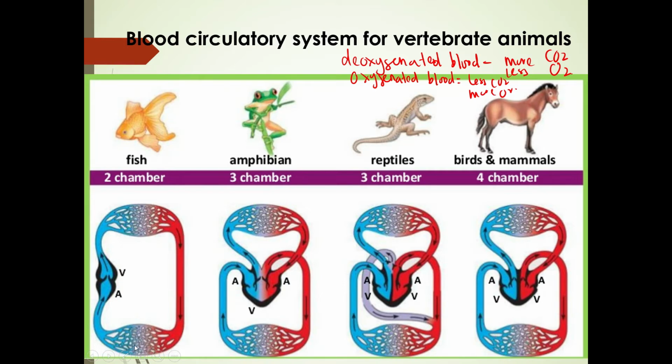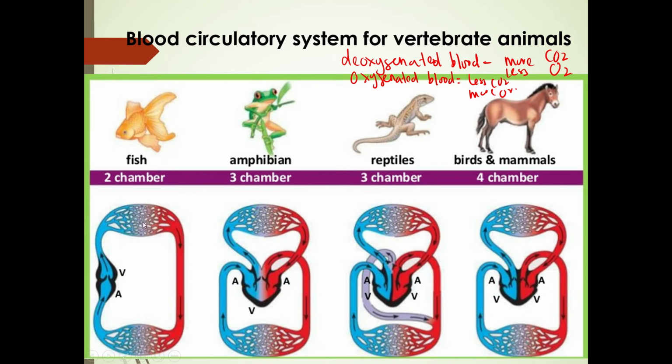Now the body will take the oxygen and release the carbon dioxide, so here it becomes deoxygenated blood. It will travel back to the atrium, and the atrium will pump it to the ventricle, and the ventricle will pump the deoxygenated blood back to the gills, where gas exchange occurs. They take the carbon dioxide and give oxygen to the blood.